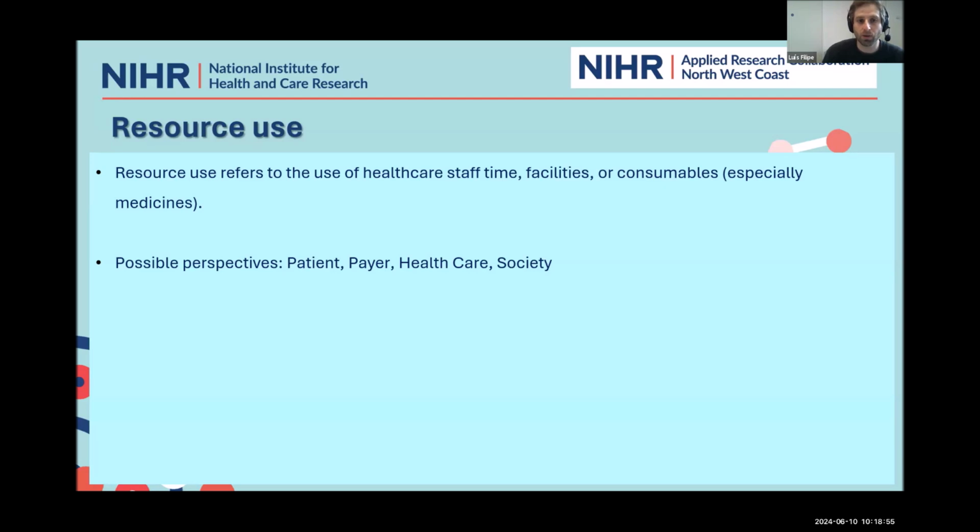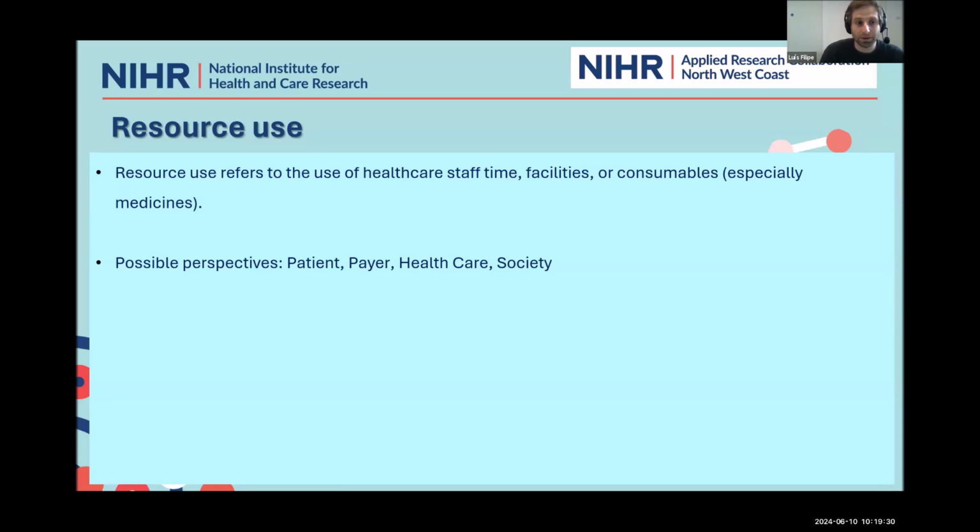Medicare is going to care about the resources used in the part that they are paying. And again, they don't pay everything, because you may have some part that is paid by Medicare, and some part that is paid by the patients, again out of pocket. Now, the healthcare service as a whole is going to care about everything, the part that is paid out of pocket by the patient and the part that is paid by the insurance companies, Medicare, Medicaid, etc.